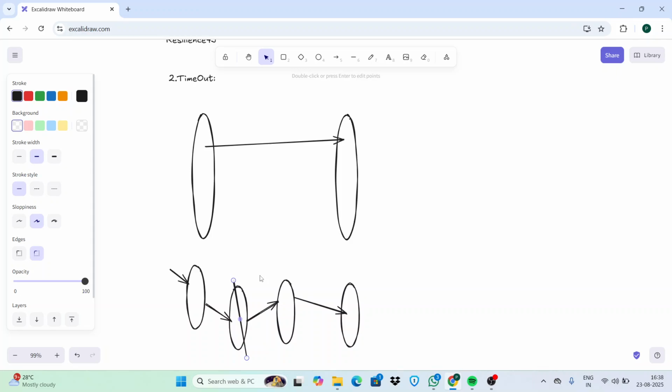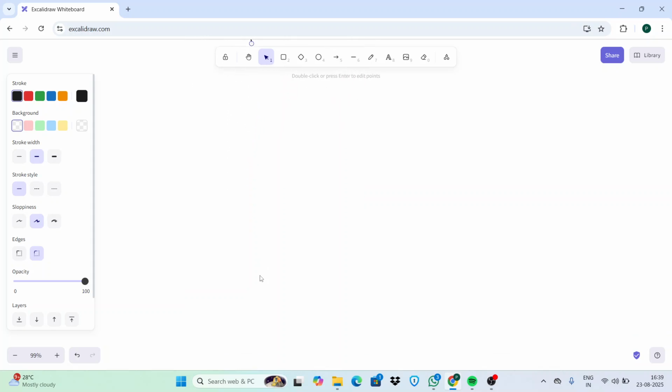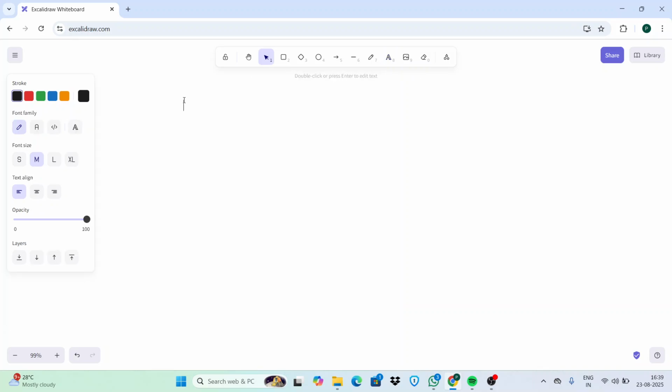In Spring Boot, timeout is handled with WebClient and RestTemplate configurations. And then the third fault tolerance mechanism is bulkheads. So what is bulkhead?